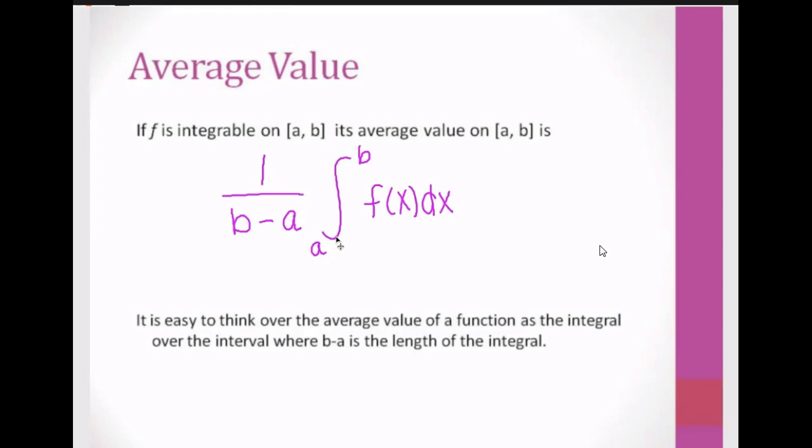So I feel like the average value of an integral is very logical. It makes sense how you get it. Think about how you find averages back in the day. You sum up all the totals divided by the number of totals. Well, here in this equation, we sum up all the area divided by the length of the area to give me the average area.